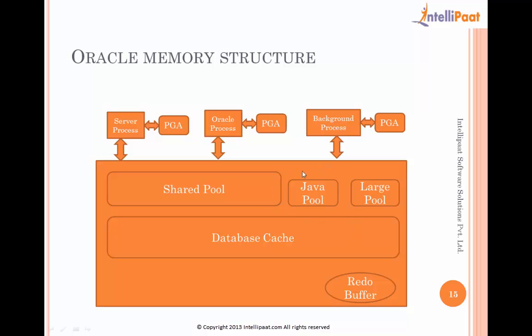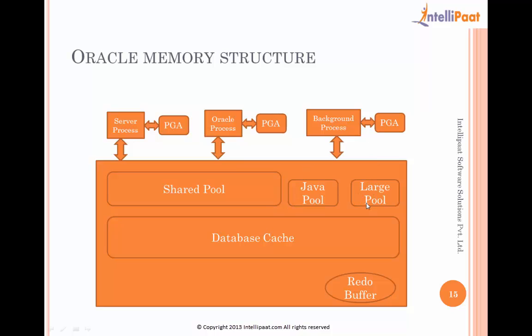Java pool: after 8i, Oracle introduced Java into their database, and the JVM and Java programs run in this Java pool, which resides inside the database. This is what makes Java programs run faster in Oracle. That's why many people prefer Java on Oracle database.